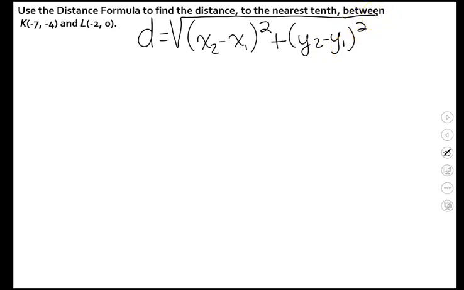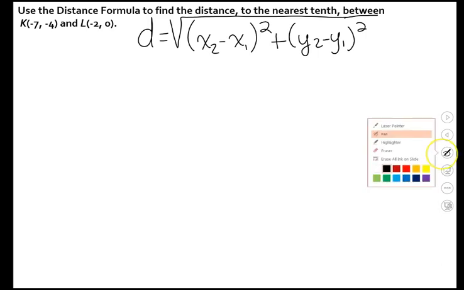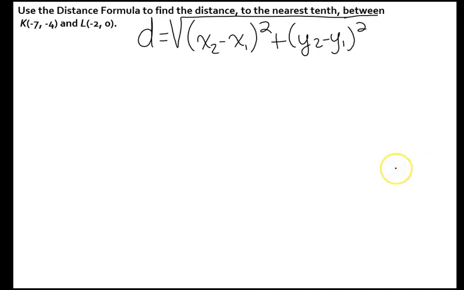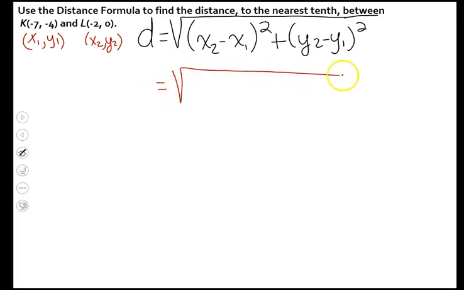So here we have K, and let's go ahead and designate our x1, y1. So this is my first point, x1, y1, and then I have x2, y2. They gave me those 2 coordinates, and I'm just going to use them. So I'm going to substitute everywhere I see it.